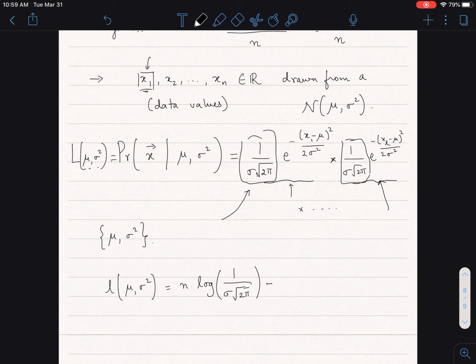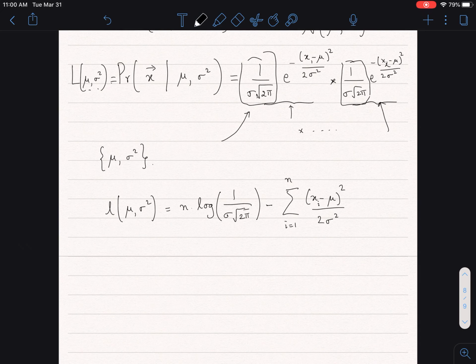So this would just become minus the sum of i going from 1 through n of (xi minus mu) whole squared divided by 2 sigma squared. Okay. So the log likelihood in the case of a Gaussian becomes simple. It's not extremely simple, but it's way simpler than, let's say, the likelihood itself.